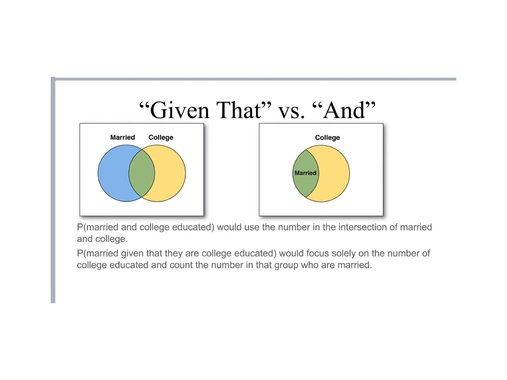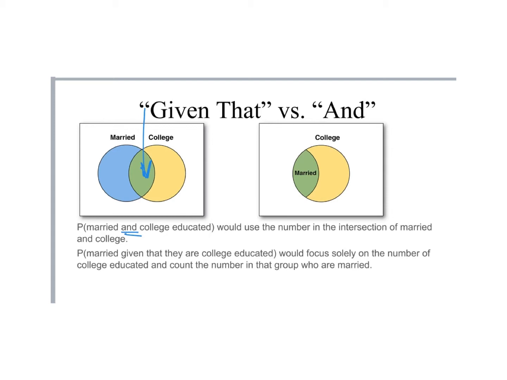So what's the difference between a given that problem versus an and problem, which we did last section? Well, the first one says probability married and college educated. That one, with the word and, would use the number in the intersection of married and college. So that's this group of people right here in this green area. Versus probability a person is married given that they are college educated.